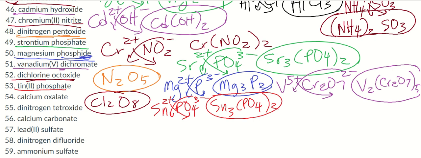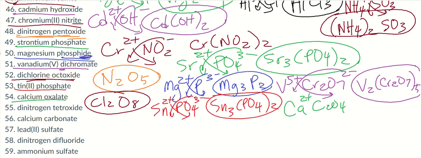All right, calcium, you already know it's an ionic compound, right? Calcium is group 2, so 2 positive. Oxalate is a 2 negative polyatomic ion.